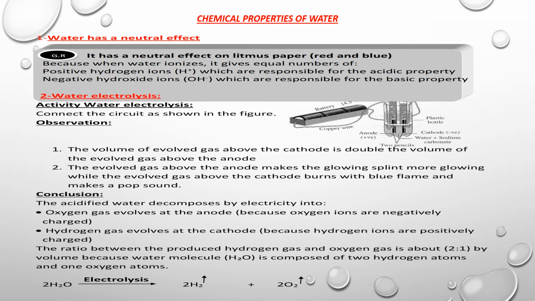So the equation is more important. 2H2O electrolyzes to produce 2H2 evolved and O2 evolved. Again, 2H2O electrolyzes to produce 2H2 evolved and oxygen O2 evolved.